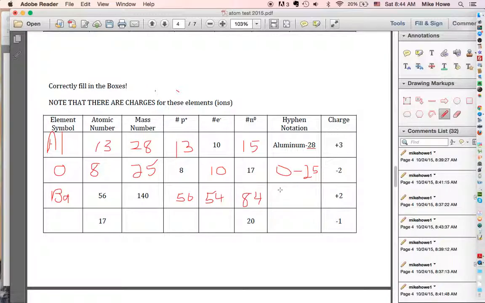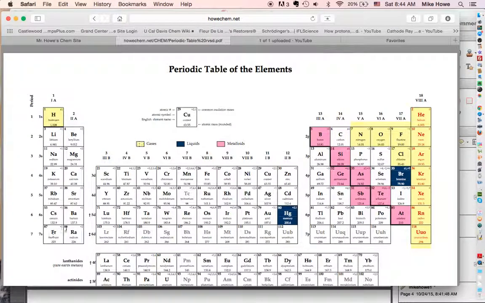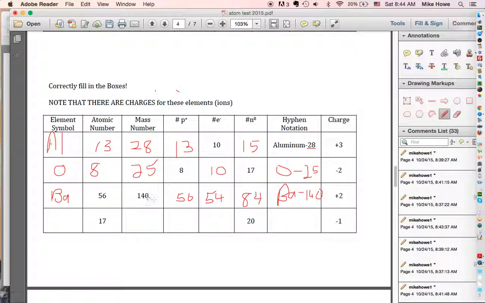Okay, and the hyphen notation would be barium-140, because that is the mass in this case. And once again, that mass may not match what's on the periodic table because we were talking about isotopes. Let's see. Yeah, it says 137 on the periodic table. But in this case, it's 140 because this is an isotope of barium with a mass of 140.